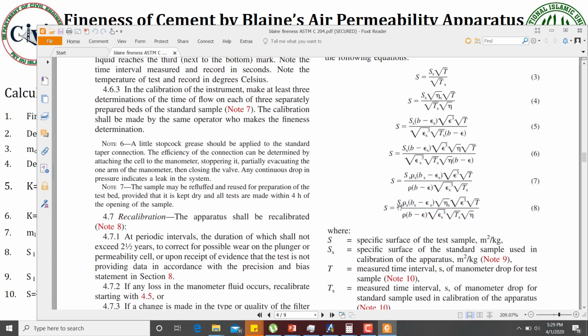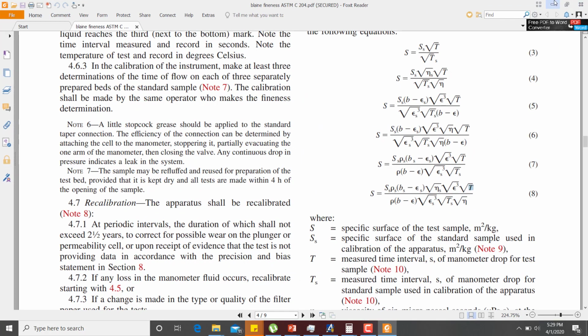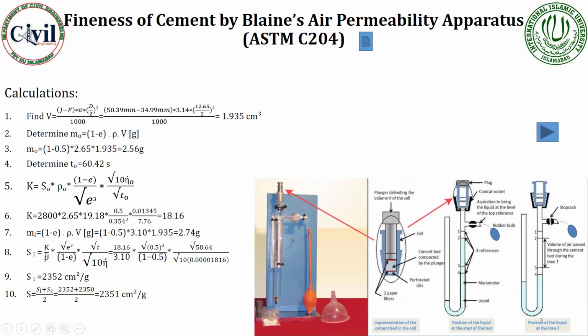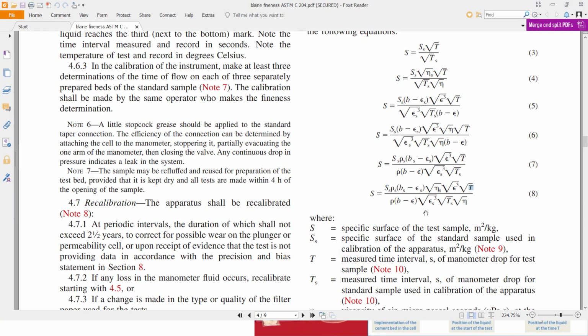It has the surface area of a standard specimen, density of a cement specimen, viscosity of air, void ratio, and the different times for the standard and your cement specimen. This formula is basically the same as what I have used over here. Because this formula is split into two, we use K before, then you compute the value of K over here. So this is the same formula as specified in the ASTM standard.